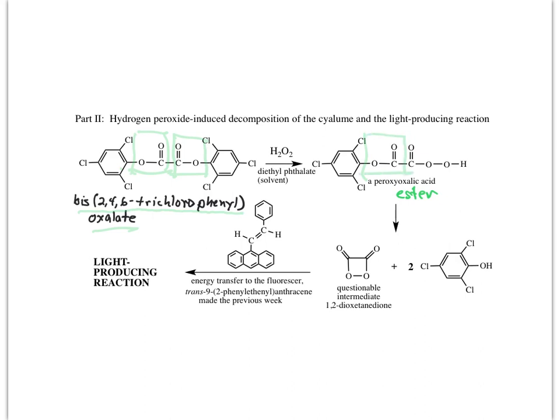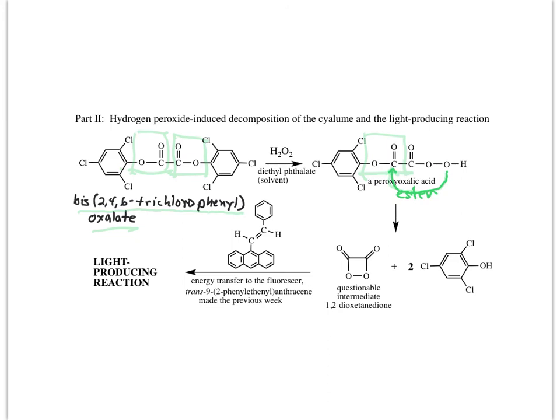So the hydrogen peroxide attacks one bond, so you get an intermediate, which is a peroxyoxalic acid ester. But then that can come around and attack the other bond, right?